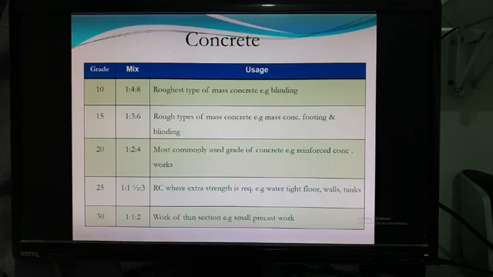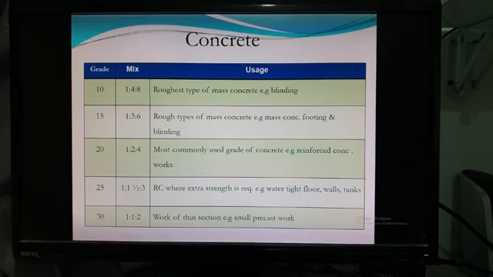So for superstructures, we'll start with grade 20, 1:2:4. And it will go higher when you need extra strength, like grade 25 for watertight floors, walls and tanks. This is suitable for superstructure as well as substructure.